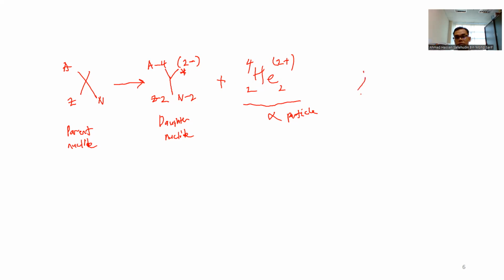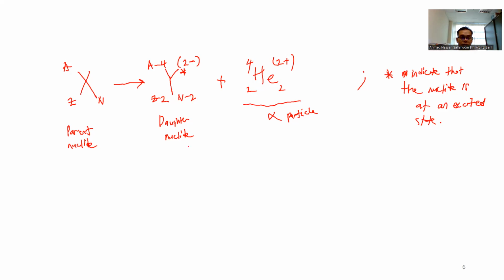So the asterisk indicates that the nuclide is at an excited state, that its energy level is higher than the ground state.